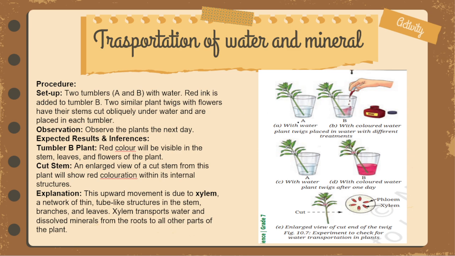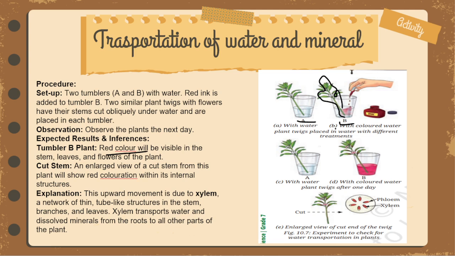Tumbler A has water, and tumbler B has water, and you have to put some red ink into tumbler B. After a few hours, or the next day after 24 hours, you will observe that the red color will be visible in all parts of the plant: in the leaves, flowers and stem.